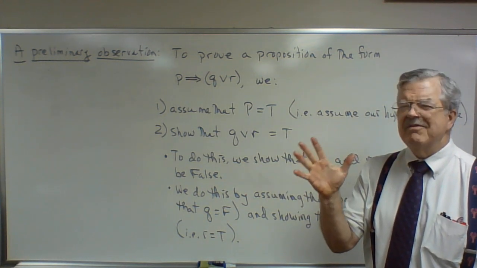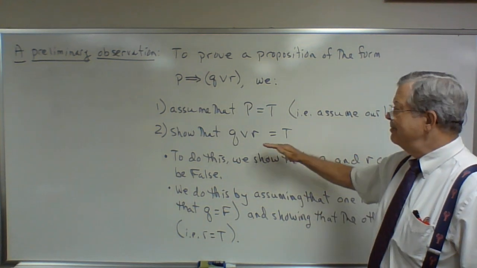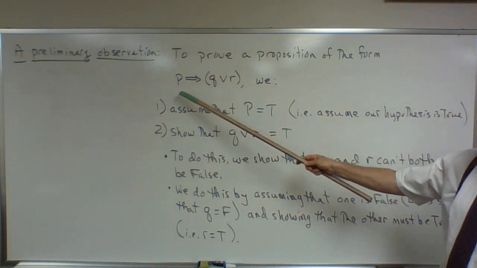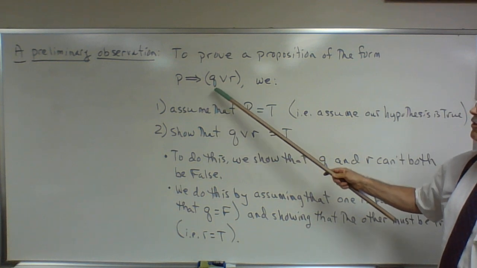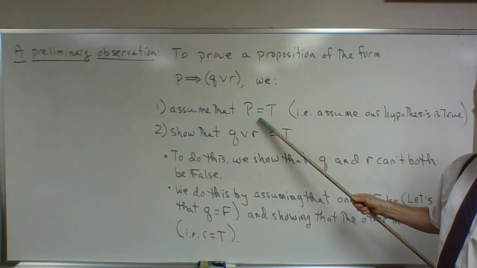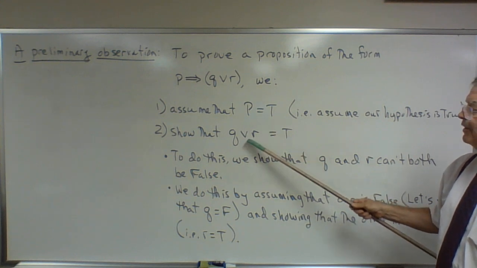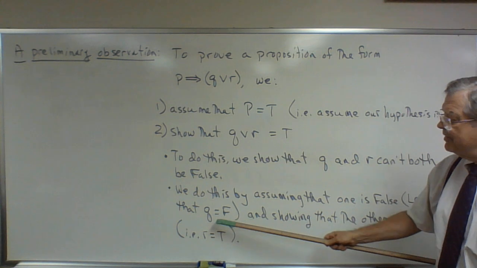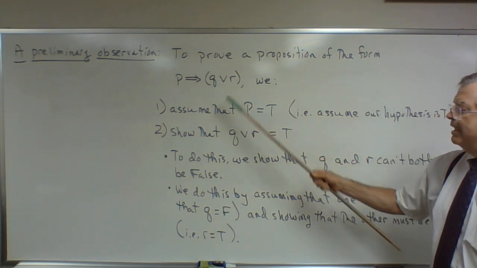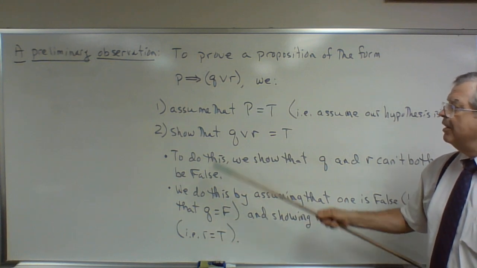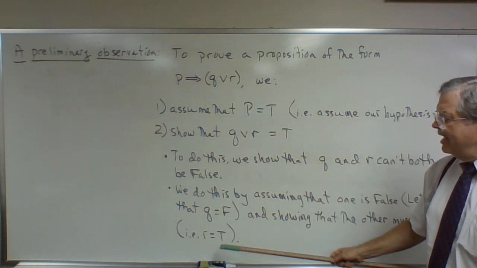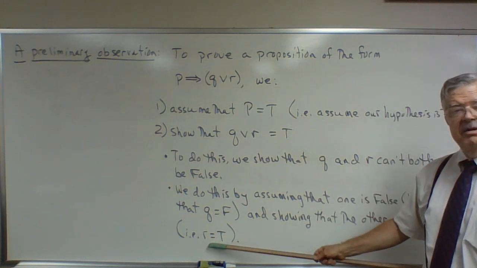So this is something, even if we've seen it in our proof course, it may not have stuck. But the standard way of doing a proof of P implies Q or R: we assume the hypothesis is true, of course. And then we show that the conclusion has to be true by assuming that one of the two statements of the disjunction is false, and showing that the other has to be true.